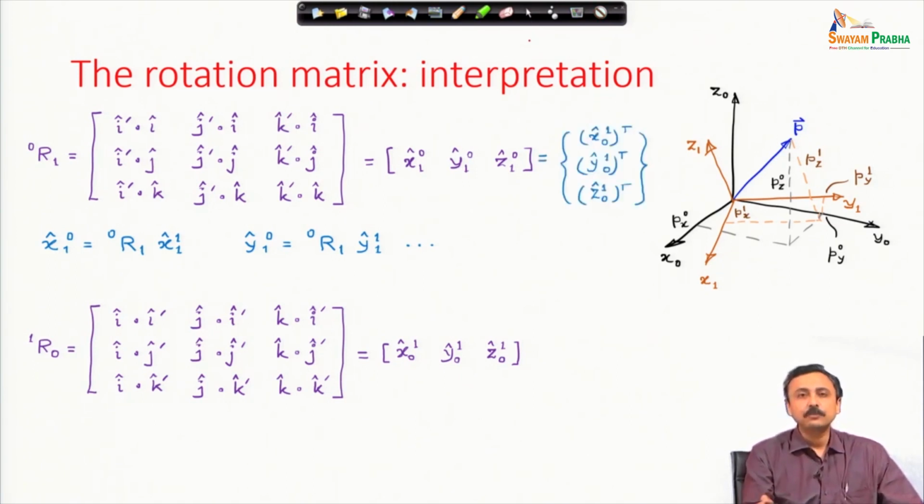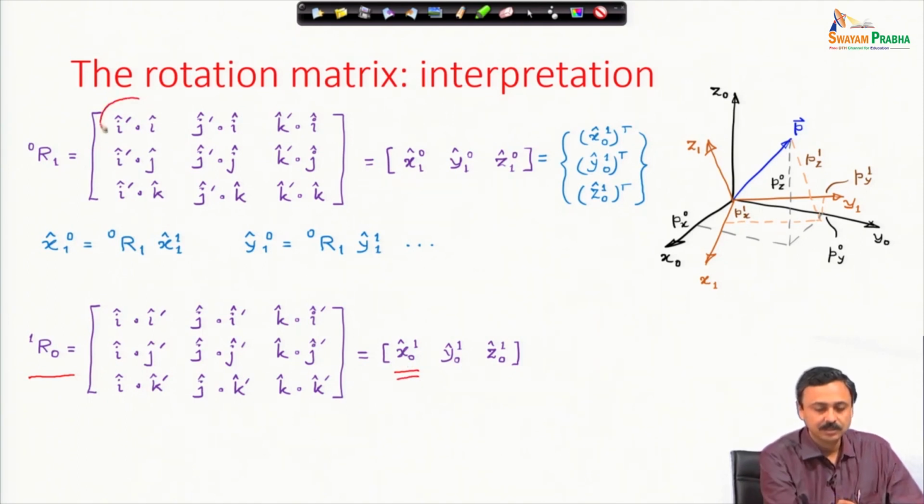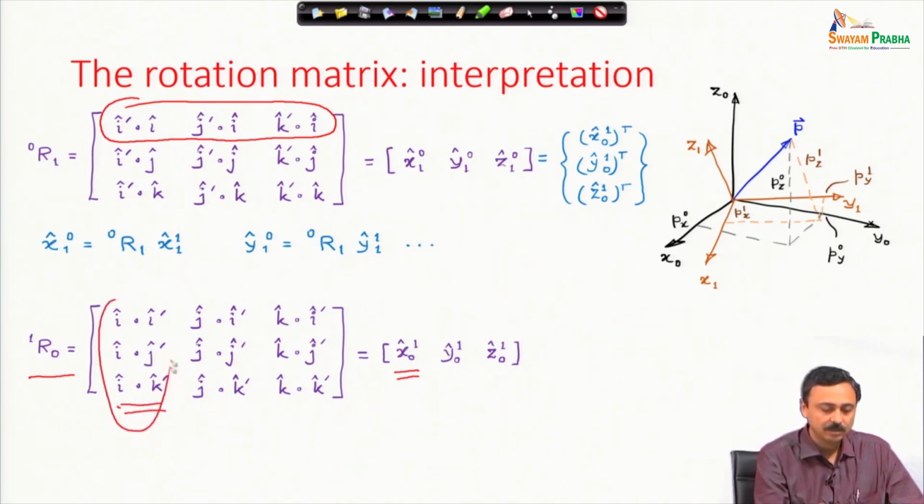And the rows therefore represent the transposes of these things, because the column here becomes a row here.